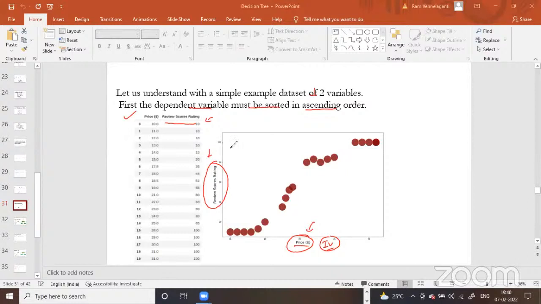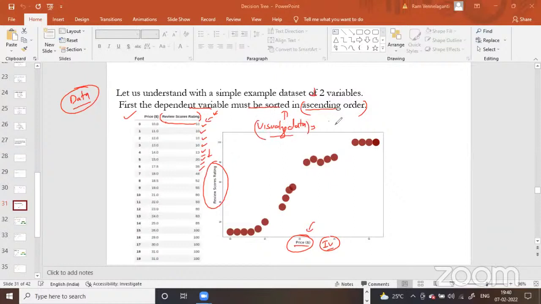Now, what is the first thing that you're going to do whenever you get your data in this manner? Try to sort your data in the ascending order of your dependent variable. Try to sort your data in the ascending order of your target variable or dependent variable, which is review score rating here. So data is sorted. Okay. After sorting your data, then try to visualize your data.